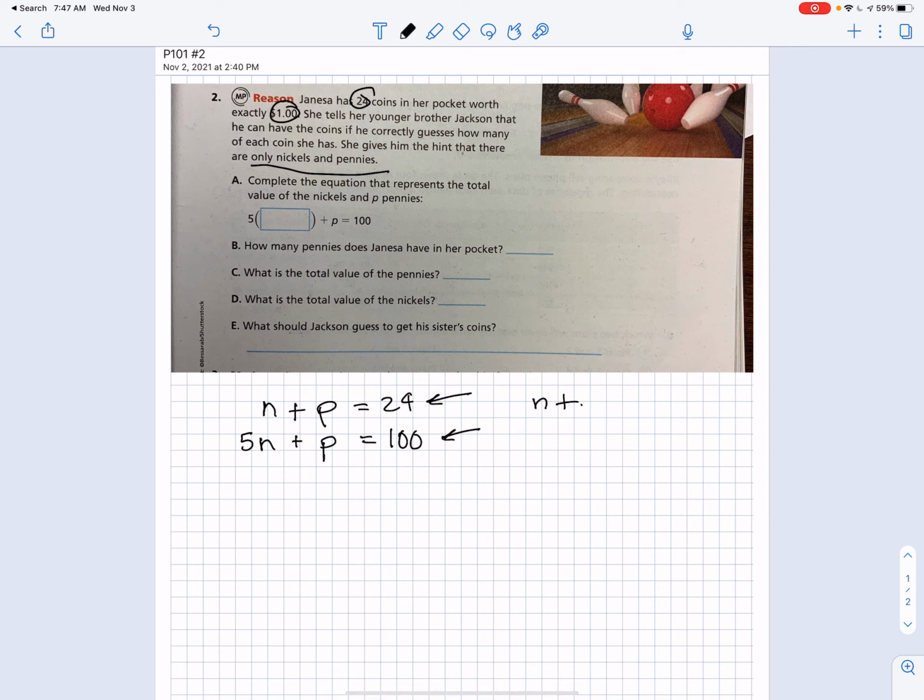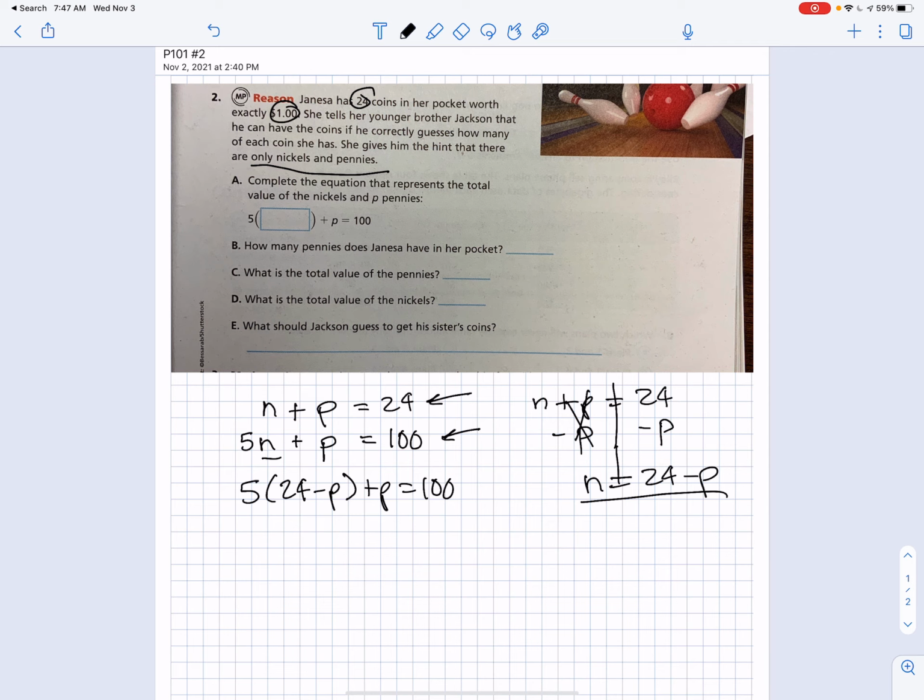So n plus p equals 24. Subtract p from both sides. This cancels, and I end up with n equals 24 minus p. So instead of having n here, now I can substitute this in, and I get 5 times (24 minus p) plus p equals 100.